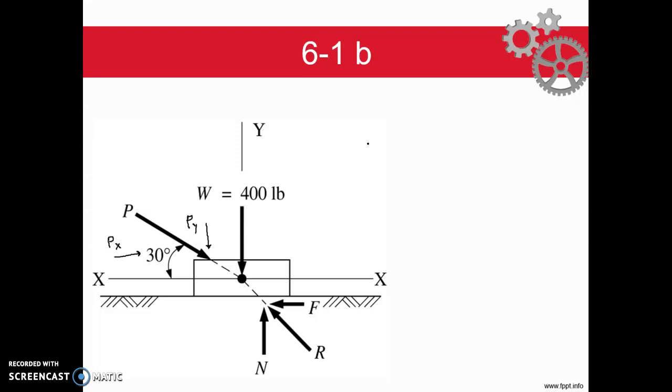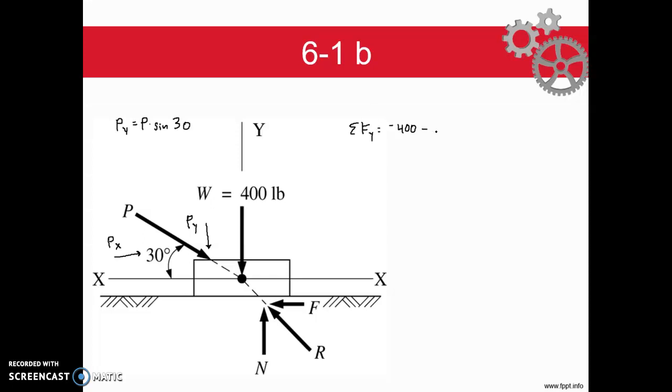So if we start by summing the forces in the y direction, we have the 400 pounds, the weight of the box, going down. We also have Py, which is equal to P times sine of 30 degrees, the angle it makes with the horizontal.